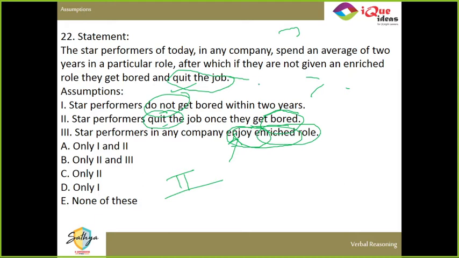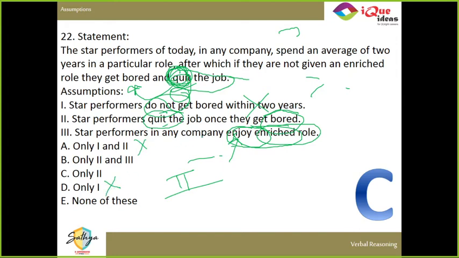So because their job is not an enriched role, they get bored and quit. The reason behind quitting is actually the boredom. So clearly option 2, the second one, is the assumption. One is not definitely an assumption, so A and D cannot be my answer.